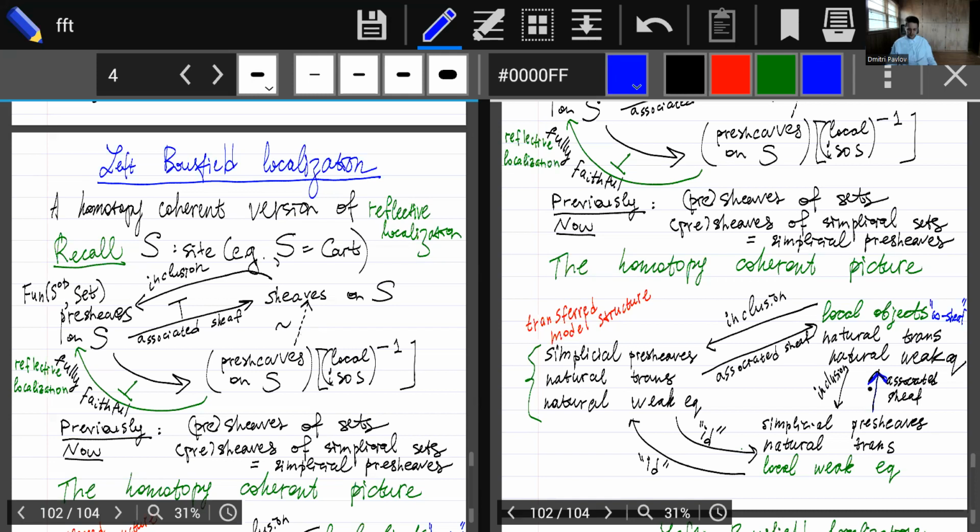And of course, we expect it to be a weak equivalence of relative categories. And in fact, there is a fairly obvious functor going in the opposite direction. You can include local objects into all objects. Morphisms are the same. And every natural weak equivalence is, in particular, a local weak equivalence.